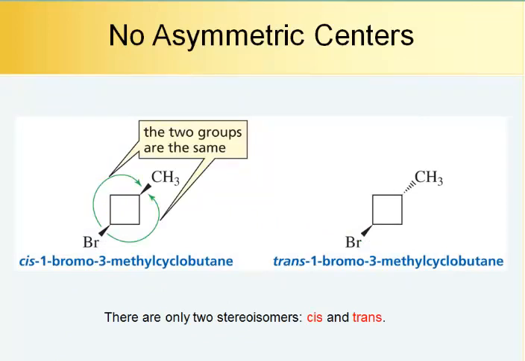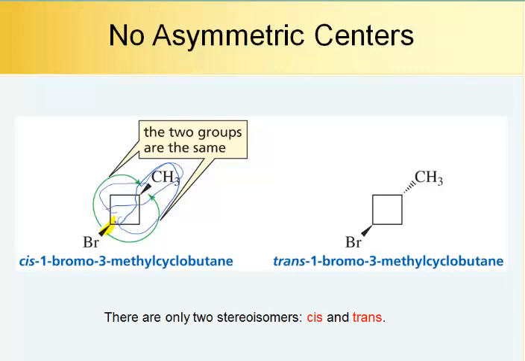Now, when you're identifying asymmetric centers, it's important to be able to pick out where your groups are and what they look like. When looking here at this carbon that has bromine attached to it, this group is the same as this group.